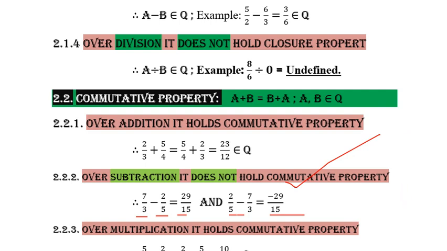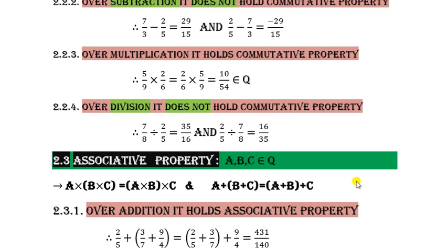Now for multiplication, with one example, 5 by 9 into 2 by 6, and again 2 by 6 into 5 by 9, we get 10 by 54. That means over multiplication it holds commutative property. So addition and multiplication hold commutative property, but subtraction does not.